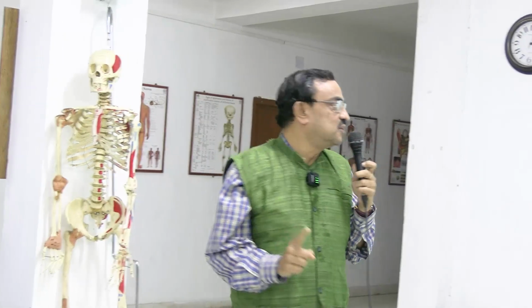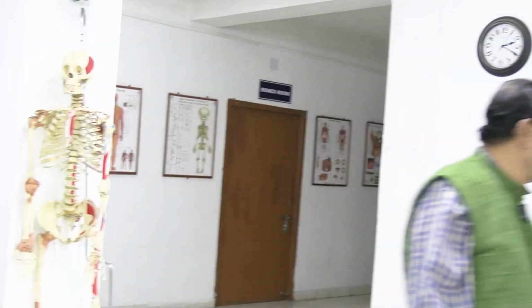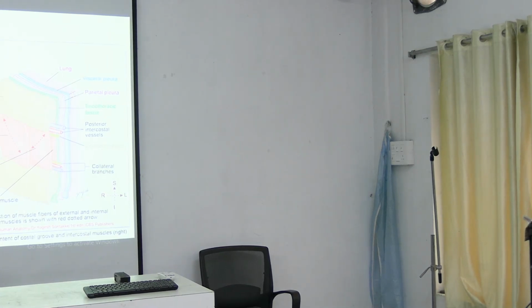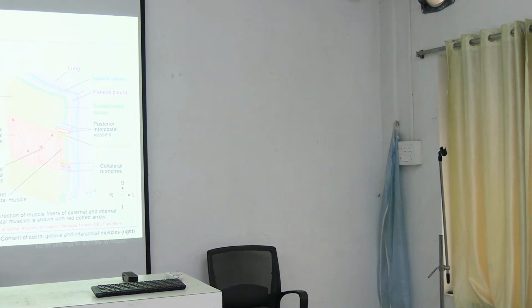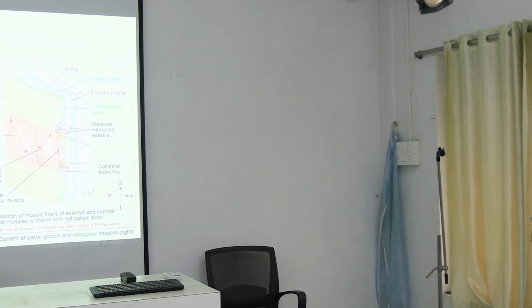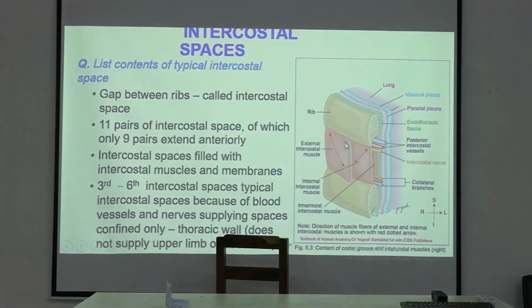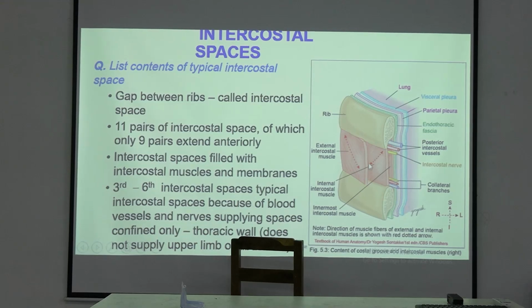The superficial muscle, the external intercostal muscle, we can see here. This is the rib, which looks like a comma. And this depression of the rib is called the costal groove. This is the external intercostal muscle, most outside.